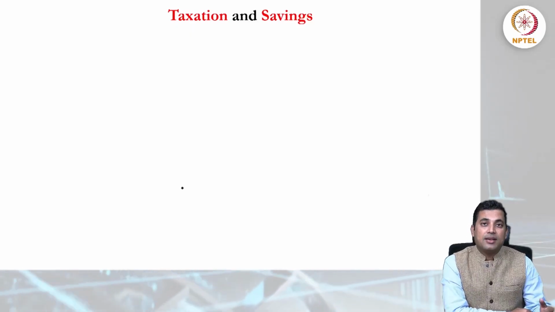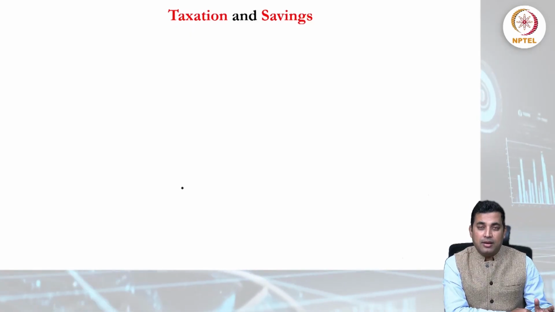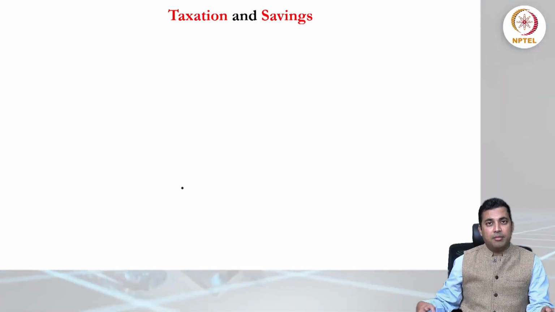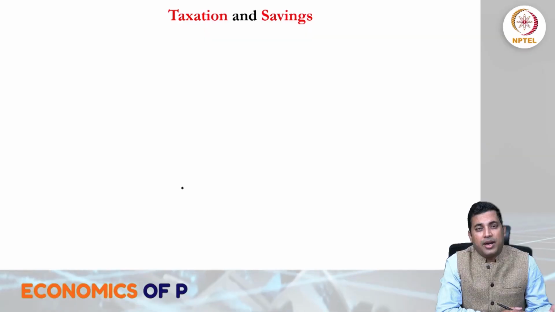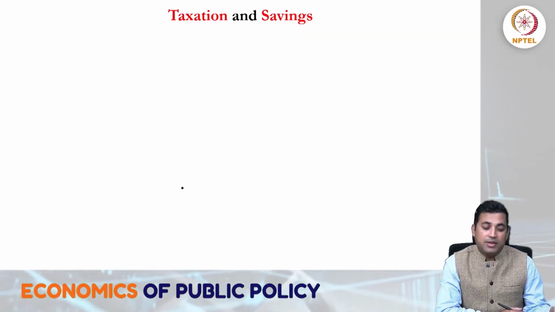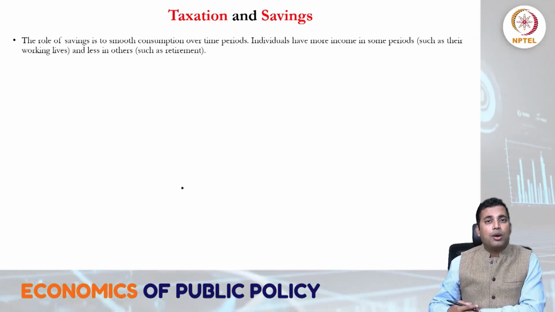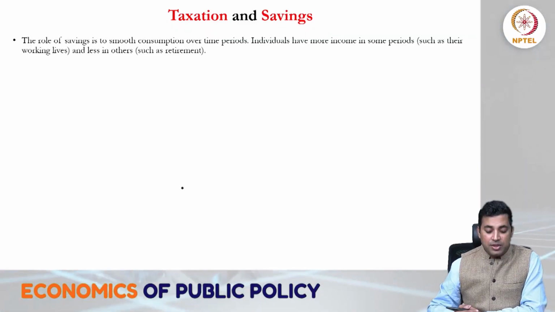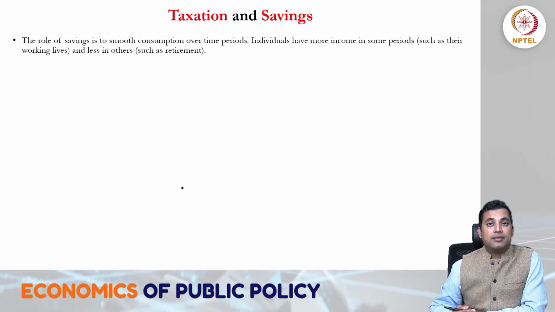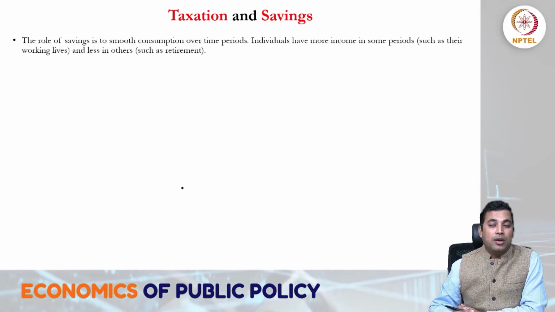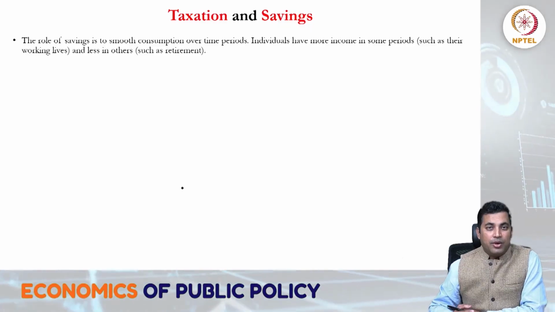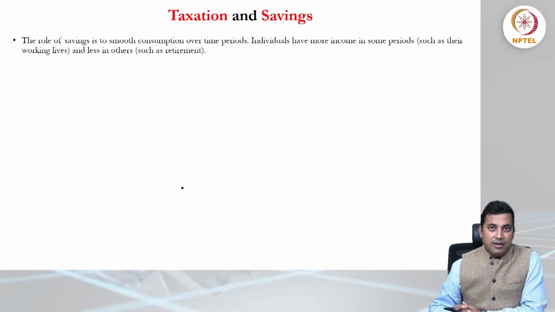Although we discussed some parts and bits in our previous lecture, let us discuss here a bit and spend a little more time on taxation and try to connect with the savings. So the role of saving is very important, to smooth consumption over time. Sometimes we work more, earn more, and then we save.